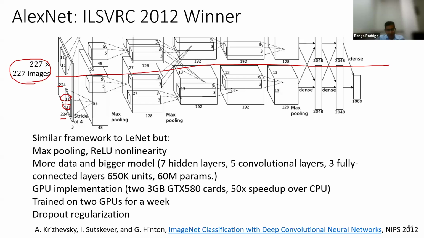These are graphics processing units, actually 3 GB GTX 580 NVIDIA cards. They ran 48 convolution kernels in the bottom GPU and 48 in the top GPU. Those were 11 by 11 convolutions in the first convolution layer. Because they used a stride of 4, the resulting tensor was 55 by 55.